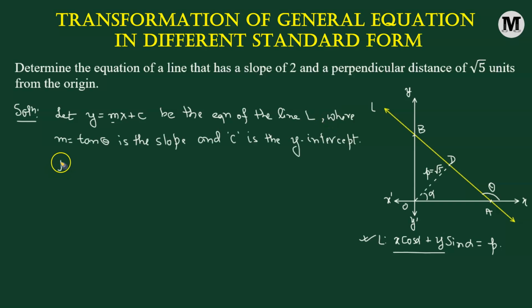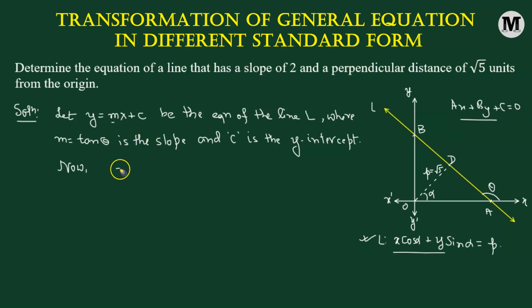So now what we are going to do is we're going to take the equation that we assumed, the slope-intercept form of a line, and we're going to write it in the general form. The general form is given by ax plus by plus c equals 0. So that is the general equation of the line. So let's convert it into the general equation.